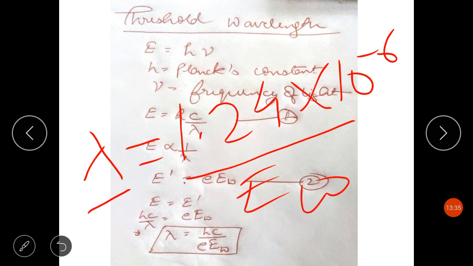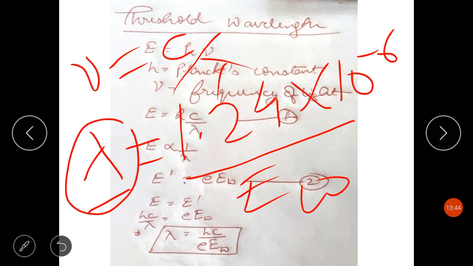Now this is the wavelength. We know frequency nu is equal to c divided by lambda, so we can easily calculate the frequency from this wavelength, that is, we can also calculate the threshold frequency.